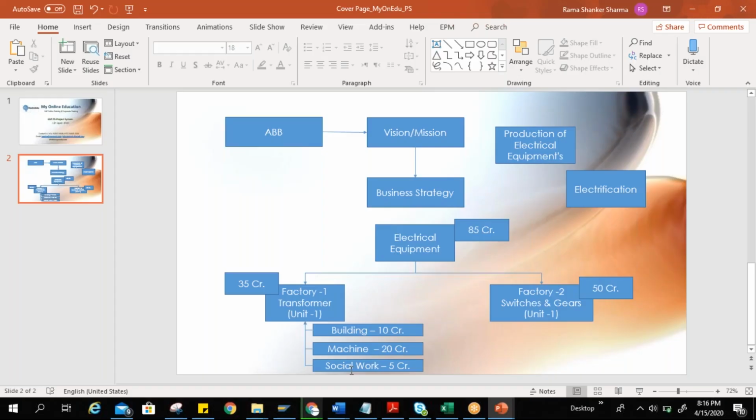But here, let's say we have finalized that we are going for a building, a machine, and social work. So what will happen in this case? If you consider the building, this will become an asset for us, right? We don't have any customer as of now, but we need to find out the valuation of this building.